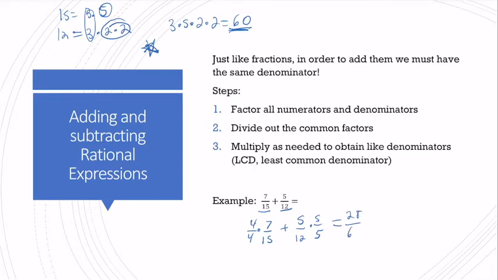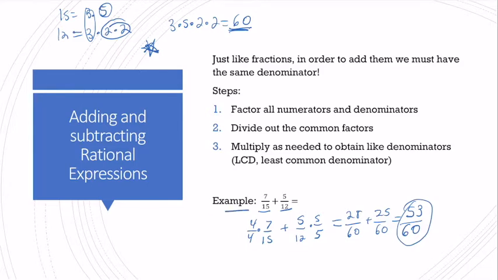This is going to give me 28/60 plus 25/60. 28 and 25 give me 53/60. And 53 is a prime number, so I can't simplify this any further. So the answer would be 53/60.